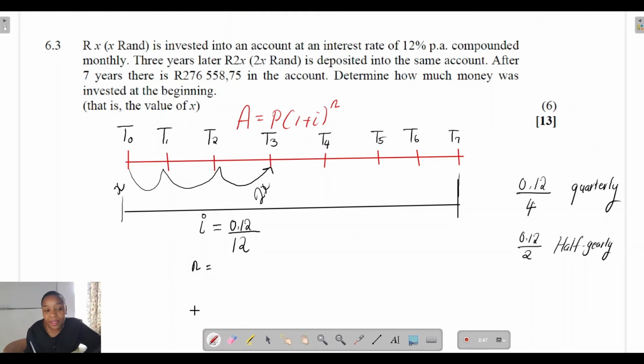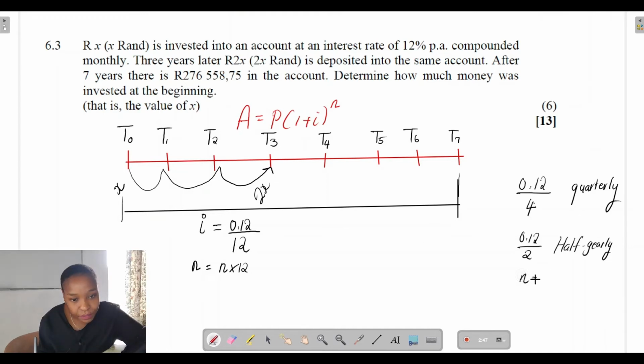And what happens to the value of your n? If it's compounded monthly, whatever the value of your n is, you multiply it by 12. If it's compounded quarterly, you multiply it by 4. If it's compounded half yearly, you multiply it by 2. So you need to be aware of those finer details when dealing with these financial mathematics questions.